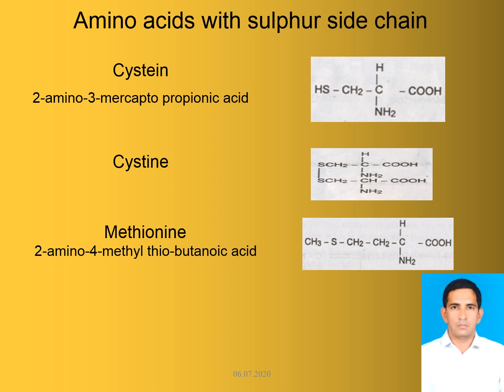Sulfur containing amino acids: cysteine and methionine are generally considered to be nonpolar and hydrophobic. In fact, methionine is one of the most hydrophobic amino acids and is almost always found on the interior of proteins.